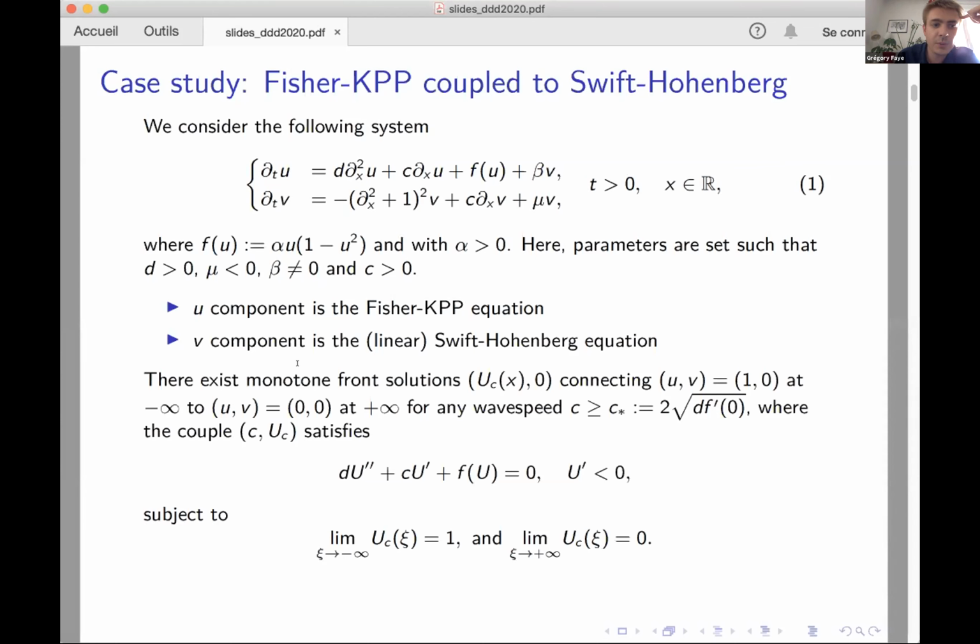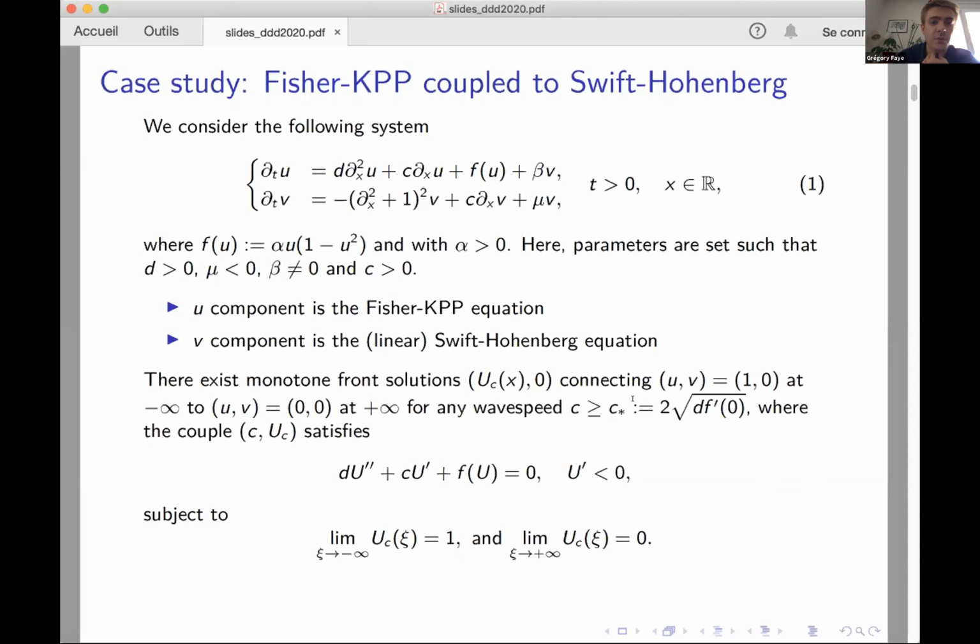So here, what I will be considering are just trivial fronts. I will just be setting V equal to 0 and just having a front from the Fisher-KPP equation. These fronts are well known, and I denote them u_c, where c is the wave speed. We know for sure that there exist such monotone fronts that connect (1,0) to (0,0) for any wave speed larger than some critical wave speed that is linearly determined.